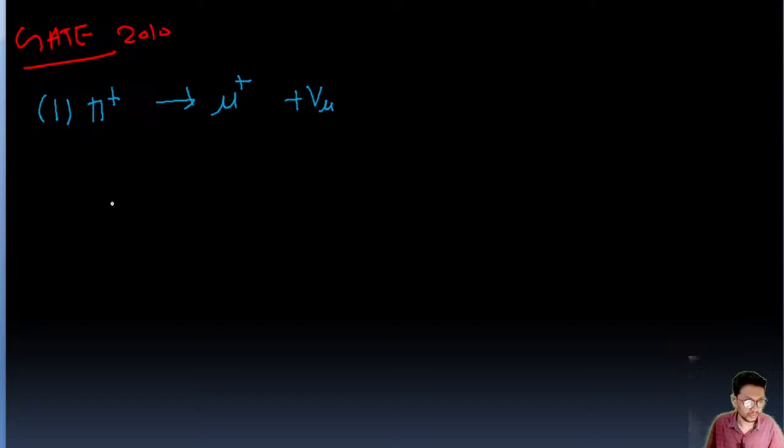Next question, guys. This was asked in GATE 2010. Okay, so this question: first reaction, pi plus goes to mu plus plus mu neutrino.